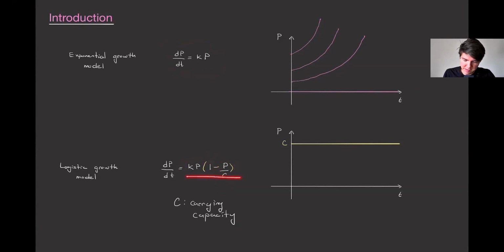That means that this whole value, because it's K P times, let's say, 0, is going to be relatively small. So the growth is going to slow down as you near C. It's going to be relatively close to the exponential growth model when P is small, and then the growth is going to be small itself when the population approaches C.